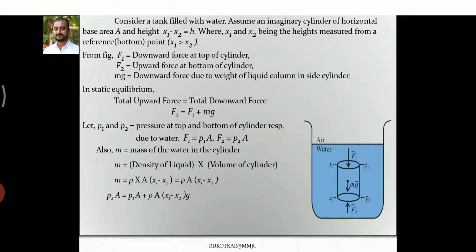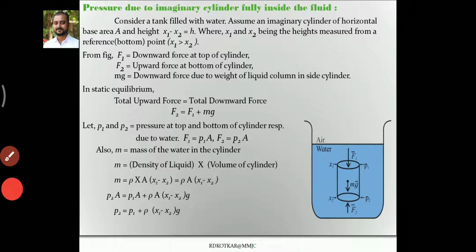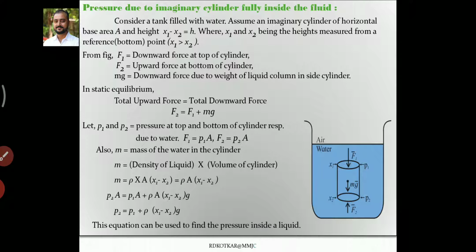Here we observe that in each term A is common, and therefore it cancels. Therefore we have an equation that can be used to find the pressure inside a liquid.